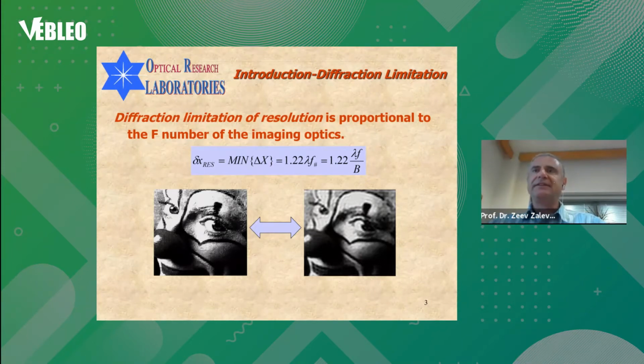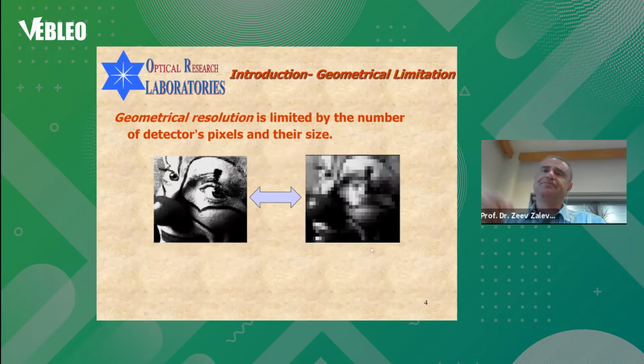And therefore, the smallest spatial feature will be set not by the angular span of the diffraction, but only by the part of it that is being captured by the numerical aperture of our imaging lens. As you can see, the image on the left that is very sharp becomes blurred due to the effect of diffraction. And then the radiation passes the lens and arrives at our detector.